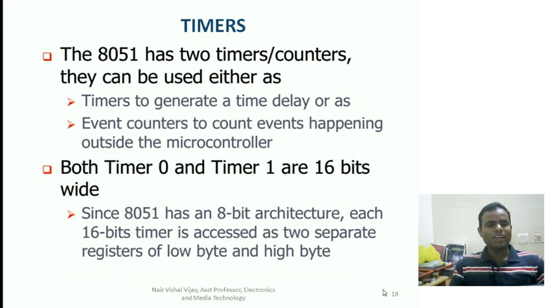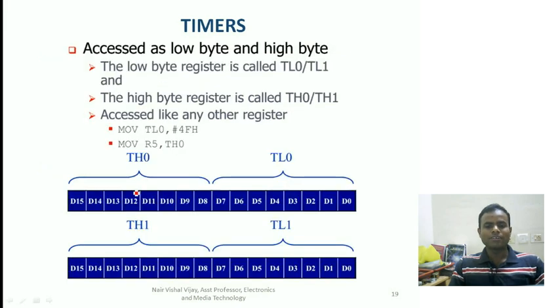Now in your 8051 there are basically two timers, timer 0 and timer 1. Both of these timers are 16-bit timers. Each of these timers, for example timer 0, is divided into 8-bit registers, that is TH0 and TL0, and similarly timer 1 is divided into 8-bit registers TH1 and TL1.